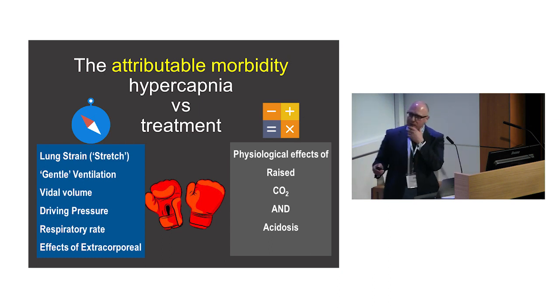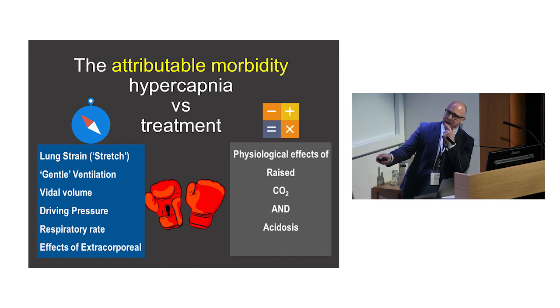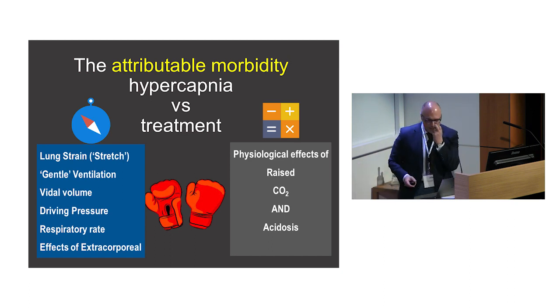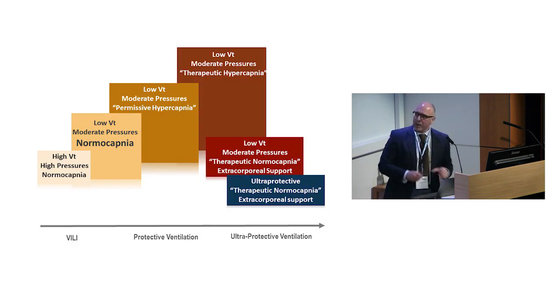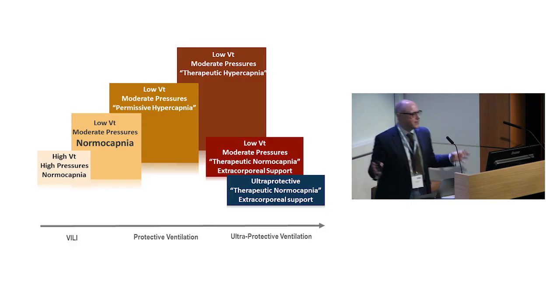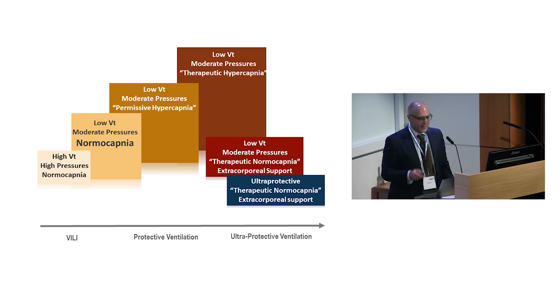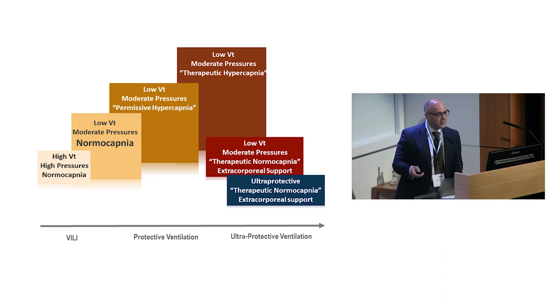And today we had already quite a lot of discussion about the stretch, the gentle ventilation, and the respiratory rate, etc. But I think you would agree that over the last, certainly the last 17 to 20 years, or probably longer, actually from the 1980s, we went from a situation where the tidal volume were high, the pressures were high, we're aiming for normocapnia, to protective ventilation, when then we thought permissive hypercapnia was okay, to therapeutic hypercapnia, that actually CO2 is good for you, we should give it to you, you should breathe CO2.